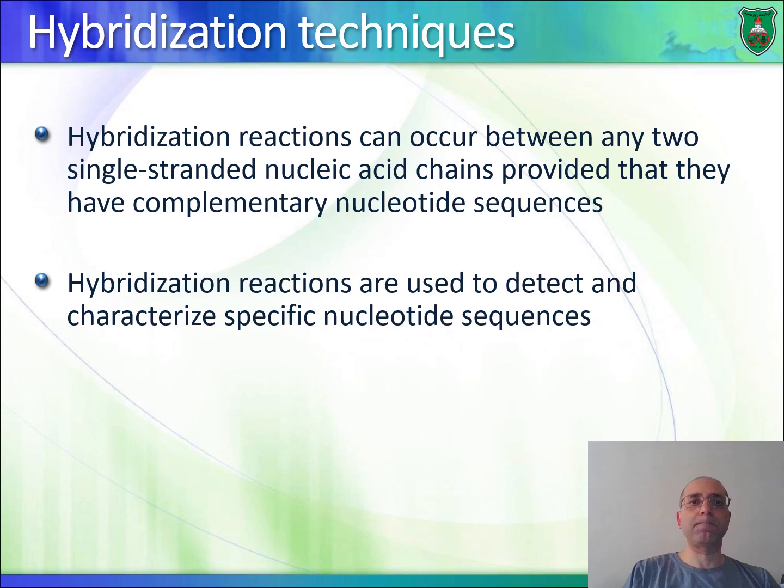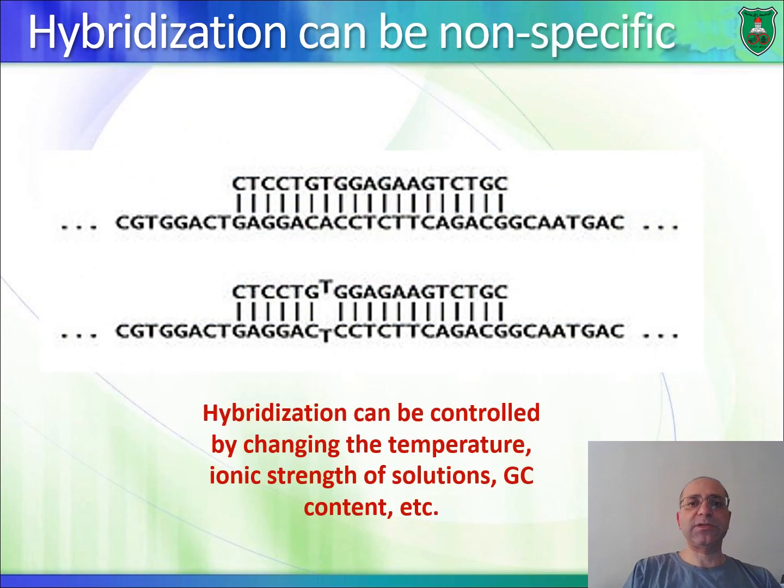Now, here's the idea: we have a long DNA strand, and we can make a shorter DNA strand that is complementary to part of this long DNA strand. When we mix them together, this short DNA strand would hybridize, anneal, bind to the long strand.